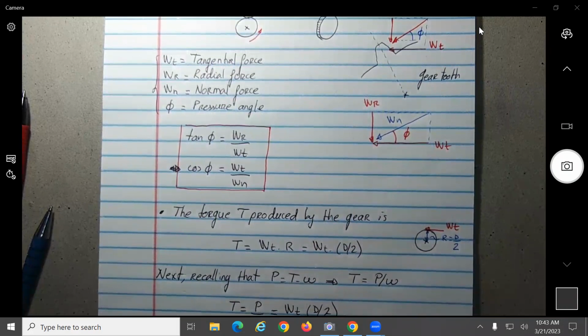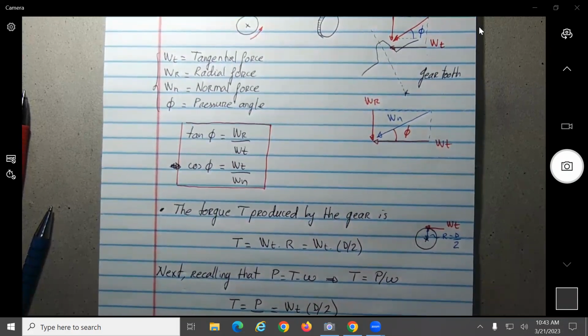From this expression, if you want to transfer a certain amount of power, the tangential force should be equal to 2P divided by omega times D.